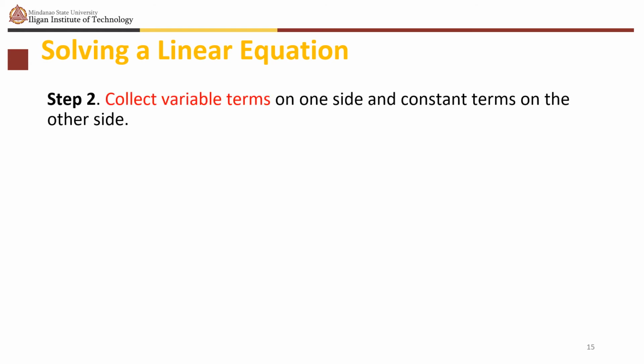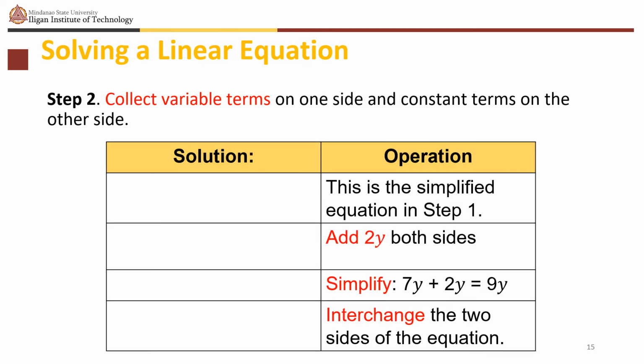The next step is to collect variable terms on one side and constant terms on the other side. So the simplified equation in step 1 is 11 minus 2y equals 7y. So if we add 2y on both sides, we will now have 11 minus 2y plus 2y equals 7y plus 2y.